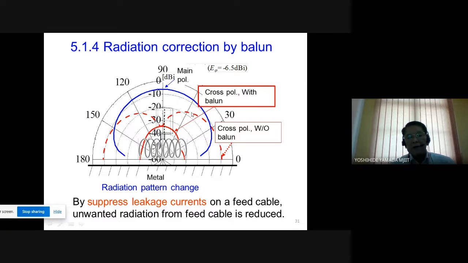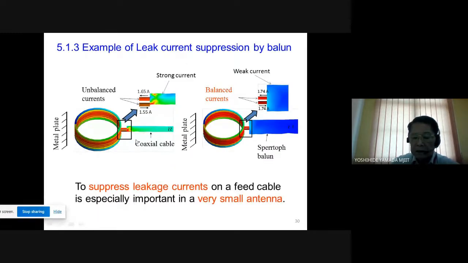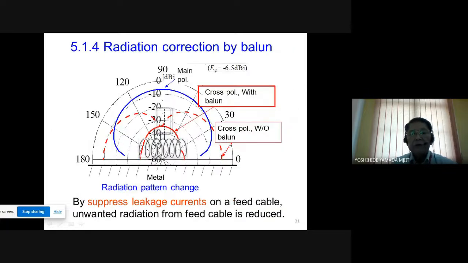This is depending on the leakage from the cable. If the measurement antenna is very small, the leakage current from here produces unexpected very large radiation. So we must suppress the leakage current by the balloon. In this case, a very serious effect is observed.